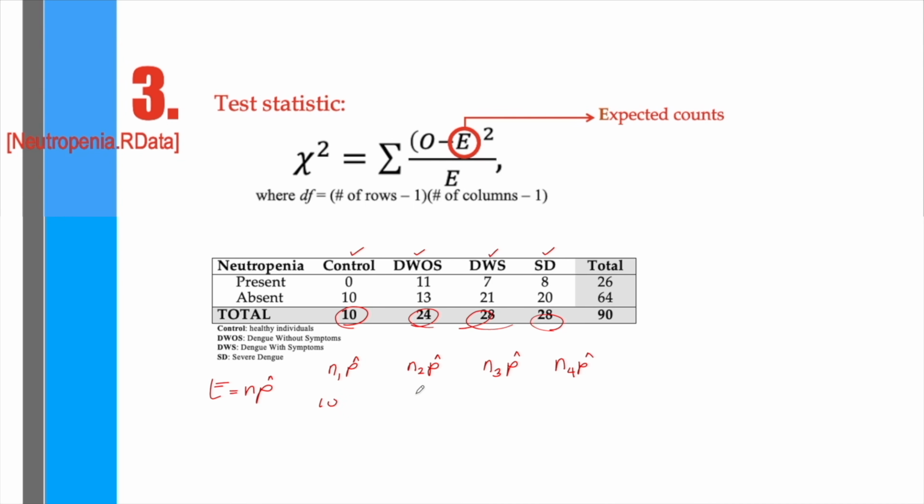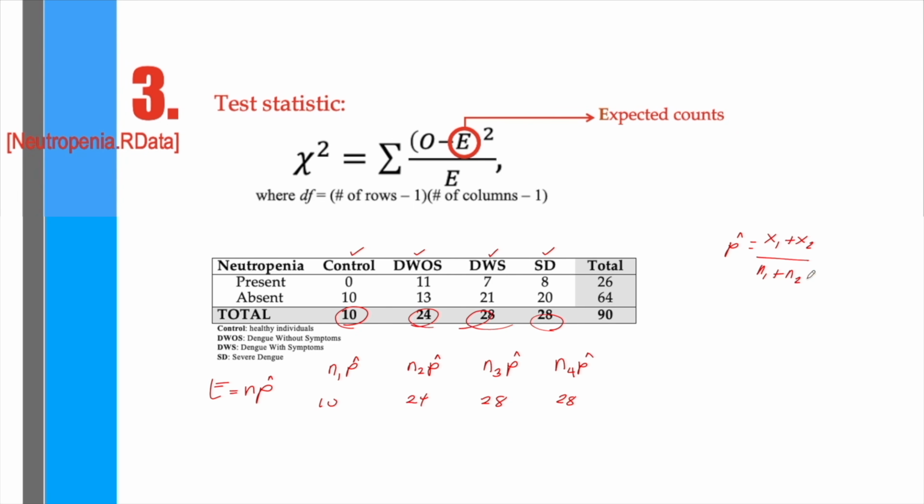So that is 10, 24, 28, and 28. And similar to the test for 2 proportions, wherein p hat is x sub 1 plus x sub 2 over n sub 1 plus n sub 2 since we have two groups.